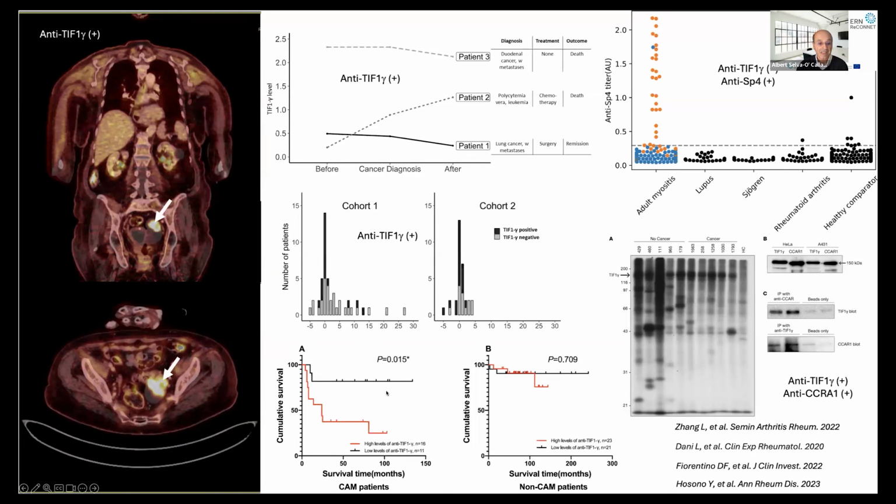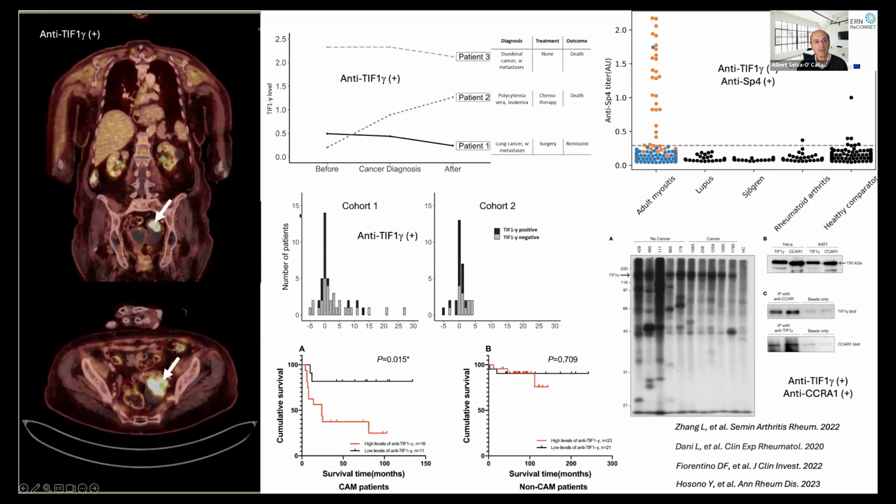Of course, it happens only in those patients with anti-TIF1 gamma, dermatomyositis, and cancer, not in those patients with anti-TIF1 gamma and dermatomyositis that have not developed any type of cancer. We have the same results in these two cohorts, from our own hospital, Vall d'Hebron Hospital in Barcelona, and also from the Karolinska Hospital with the leadership of Professor Ingrid Lundberg.